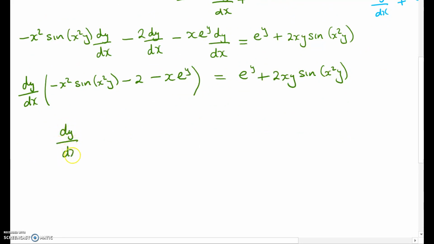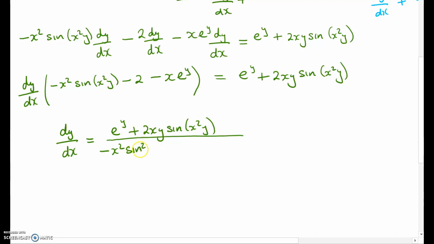So dy dx is equal to e to the y plus 2xy sine of x squared y divided by negative x squared sine of x squared y minus 2 minus x e to the y. And that's it.